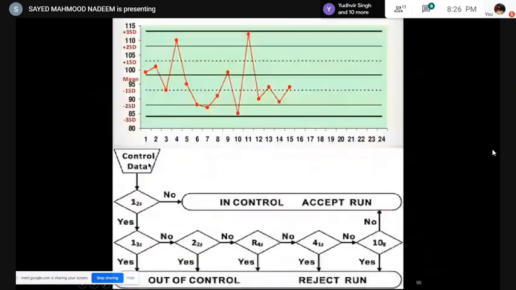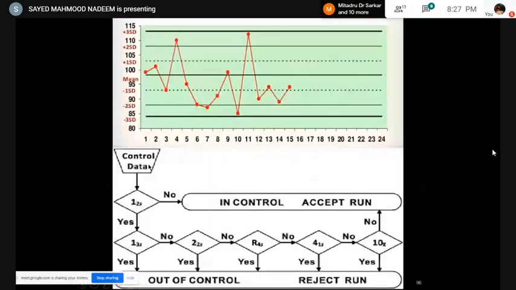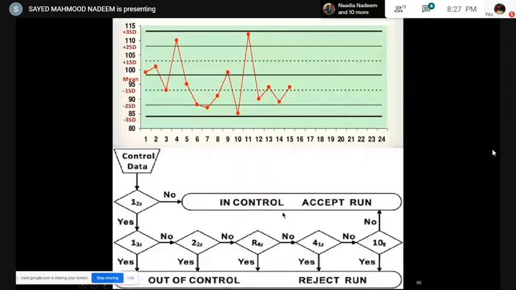Now this is a very good algorithm which most of us use in trying to understand the LJ chart. It is very simple and self-explanatory. If you run the control and you get 1-2S, and there are no other issues in the control, the run is fine. If you get 1-2S, along with that you get 1-3S, it is out of control.